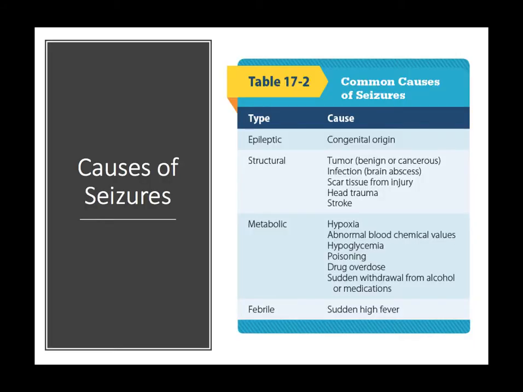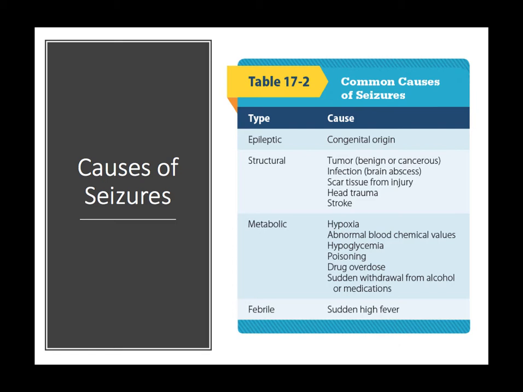This is a table that was found in your book, Table 17-2. These are some common causes of seizures. So some common causes of seizures, like I said, could be an epileptic problem, so congenital in origin. They were born with it. The patient might have a tumor, an infection, scar tissue, head trauma, or stroke.